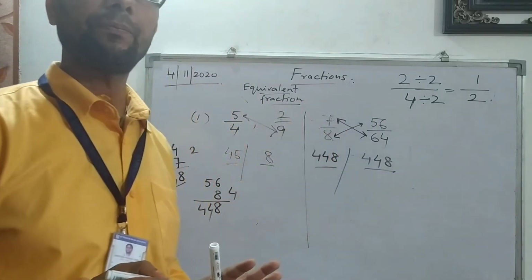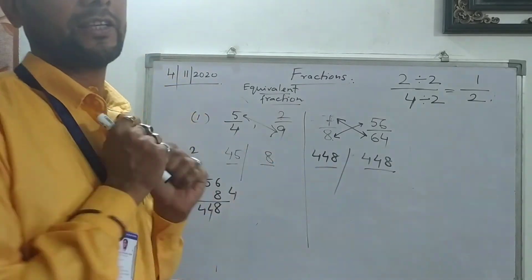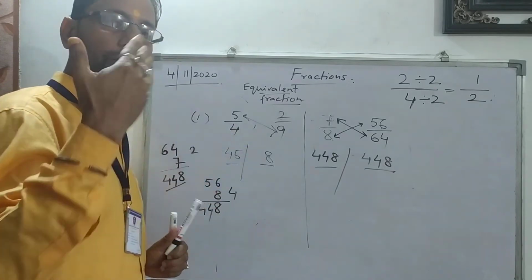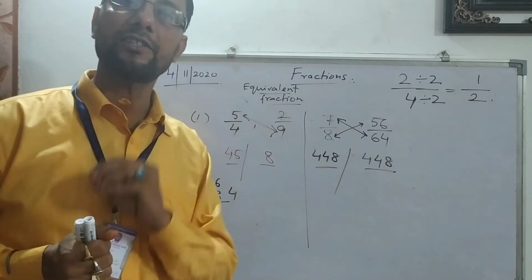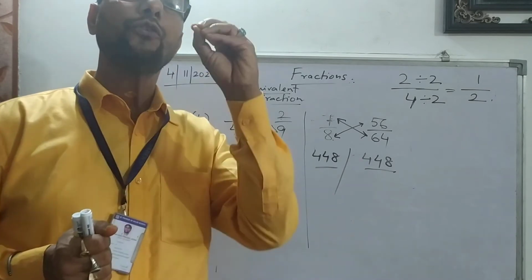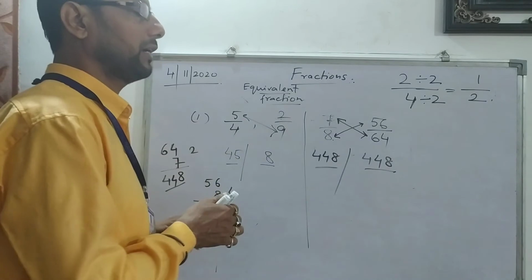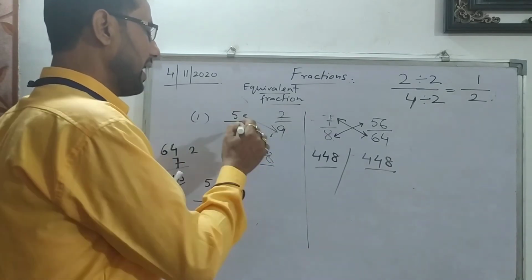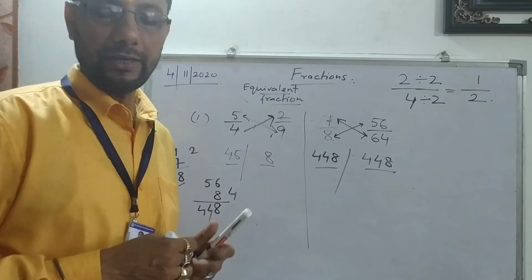It means these two are equivalent fractions. So, students, what have we learned? To find whether two given fractions are equivalent, we always do the cross multiplication. This multiplied by this and this multiplied by this, like this.